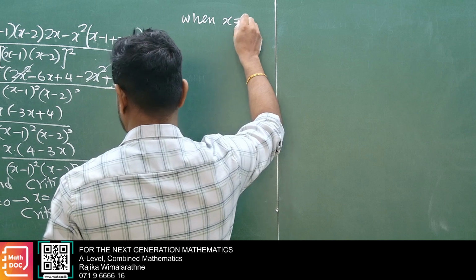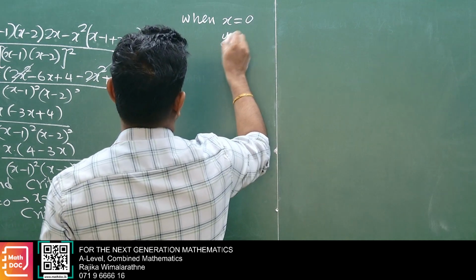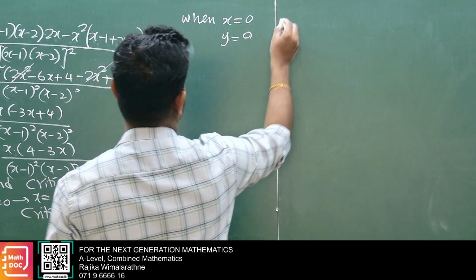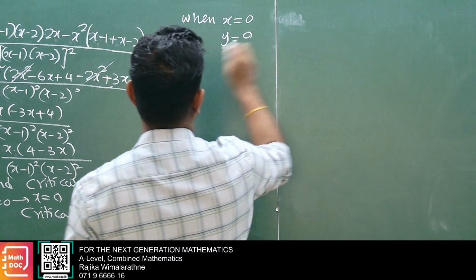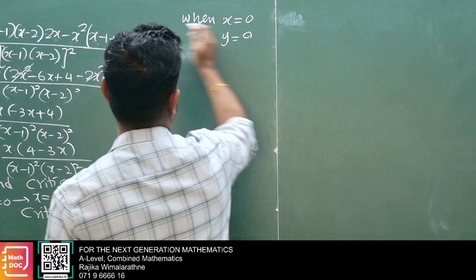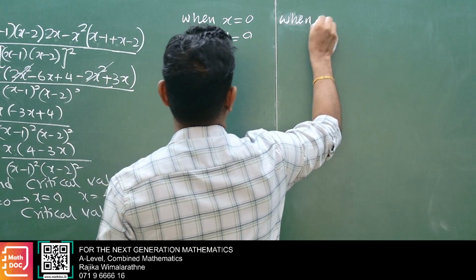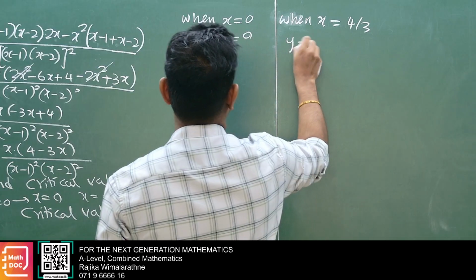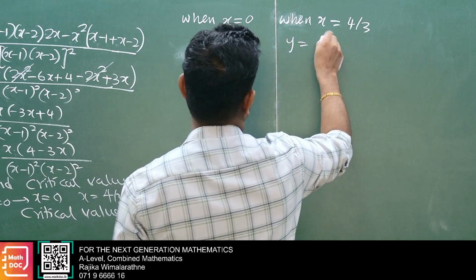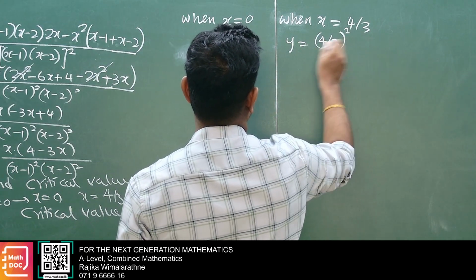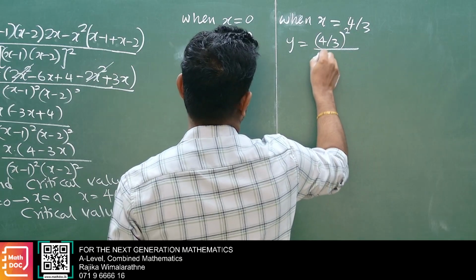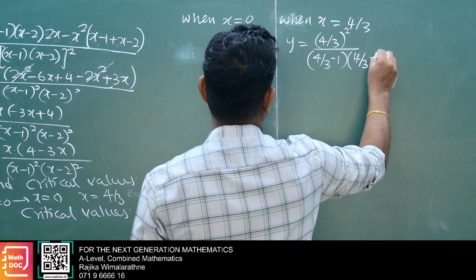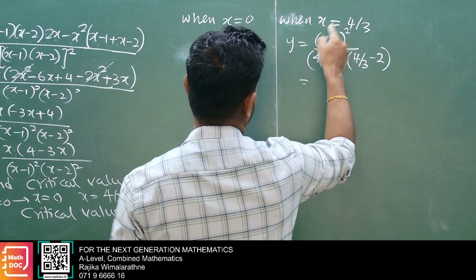When x equal 0, y value 0. When x equal 4/3, substitute into the function the corresponding y value: 4/3 squared over (4/3 minus 1)(4/3 minus 2). Simplify.